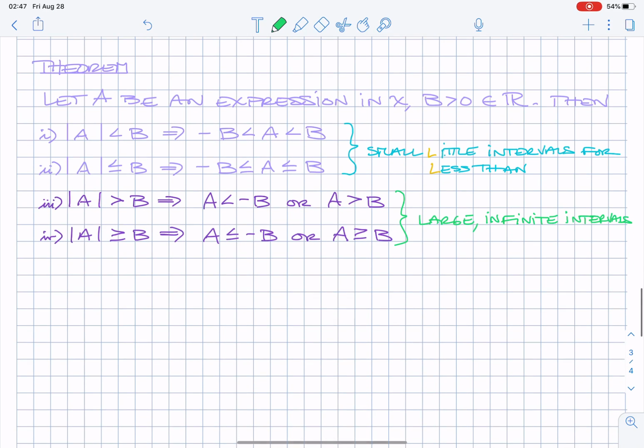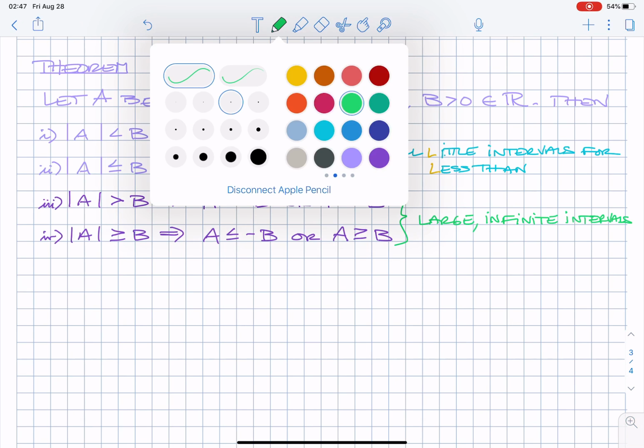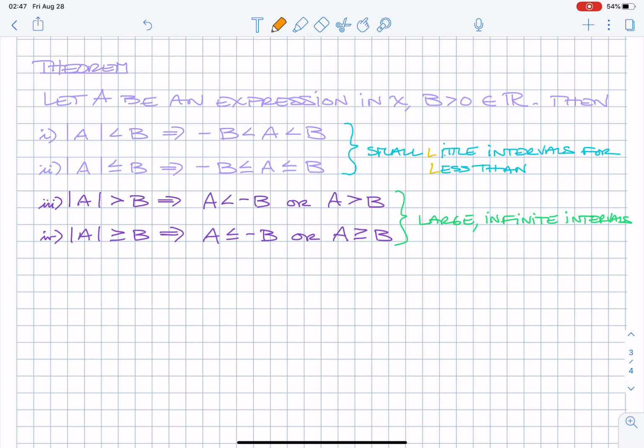So we can think of large as infinite, or large and infinite go together.